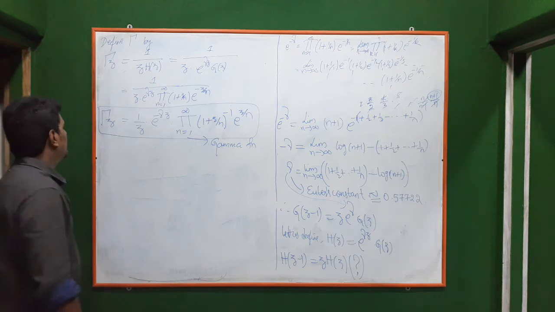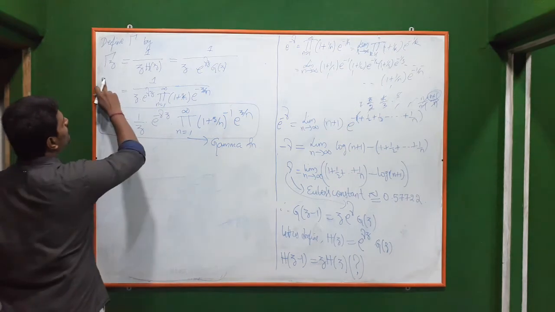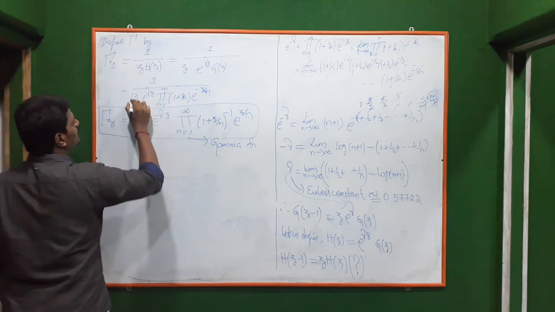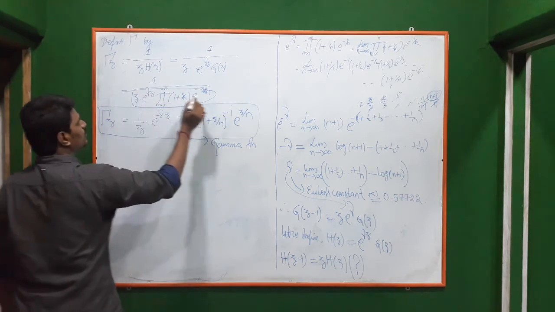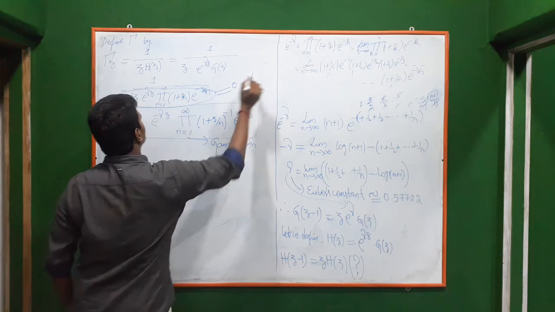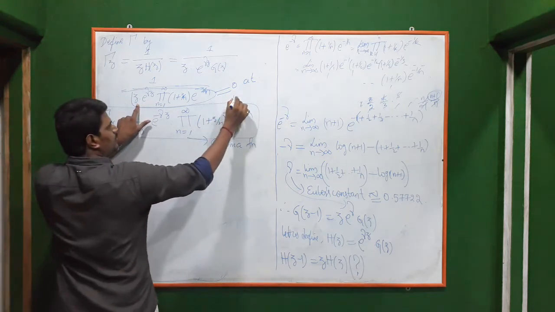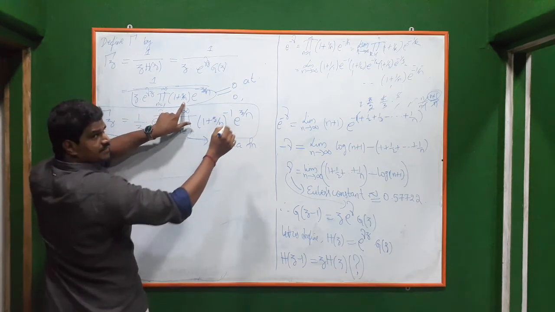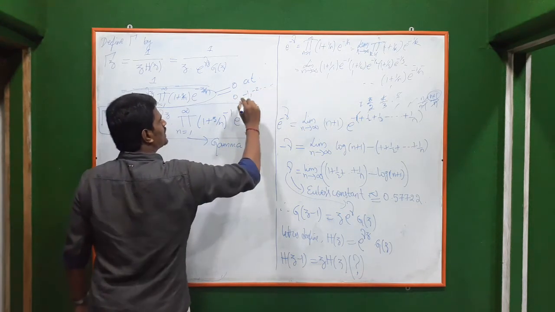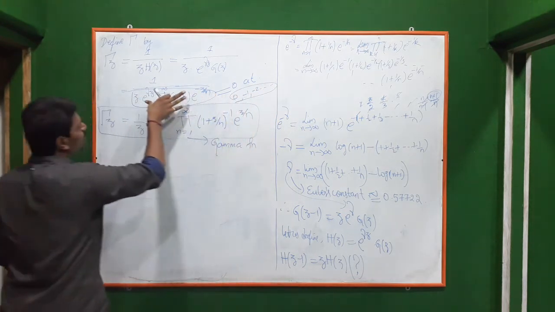First you see here. In this, when this denominator is 0, this is equal to 0 at which points? At z equal to 0 it is 0, and all the negative integers it is 0. So minus 1, minus 2 and so on. So these are all zeros of this denominator.